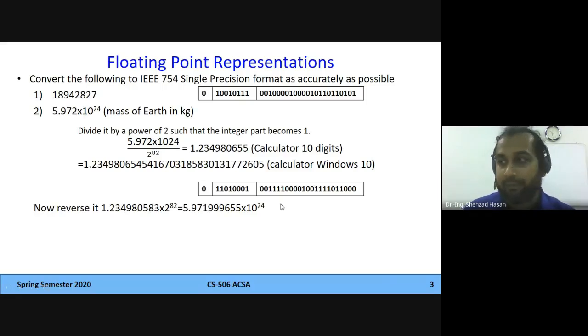So I'll do that subtraction. If I do, for example, 5.972 exponent 24 minus 5.971999655 exponent 24, my answer that I'm getting is 3.45 in 10 to the power 17. Wow. So that's a very big number, right?